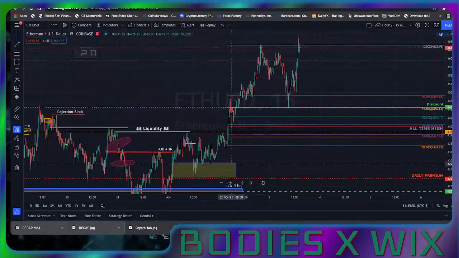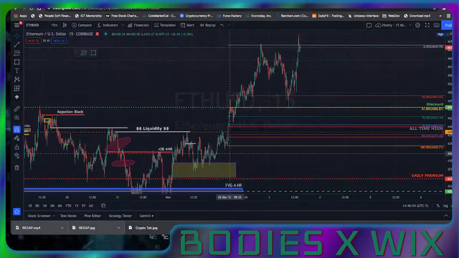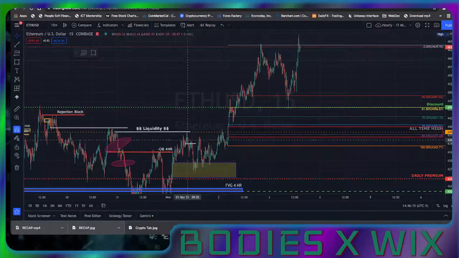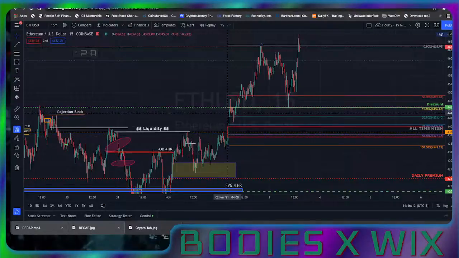At that point, that's when you need to draw your fib, because that's going to tell you where your discount point is. And so since here we have a high, and I forgot, maybe it wasn't this one, maybe it was a different one, but either way, here we have this high, right, that broke this liquidity, right?